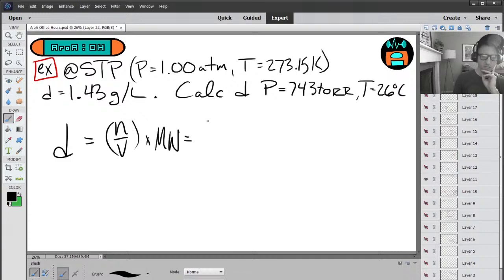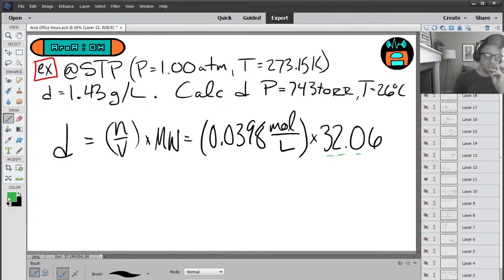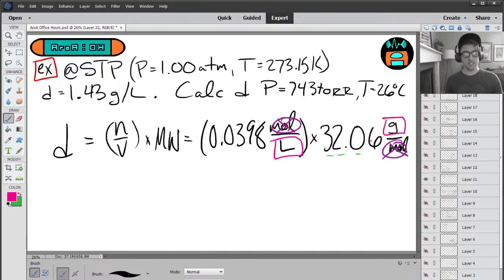Our mole to volume ratio is 0.0398 moles per liter times our molecular weight, which is 32.06. 3 sig figs, and this is grams per mole. One thing you'll notice, moles cancel with moles, leaving us with grams per liter, which is a unit of density.